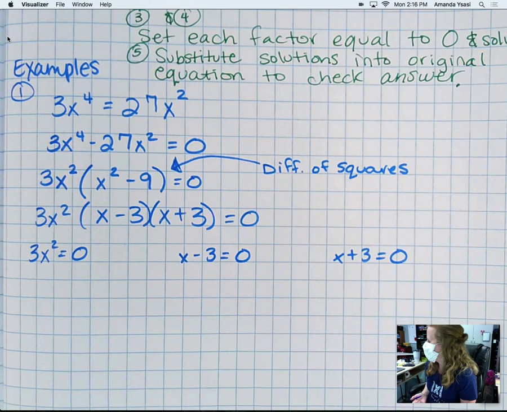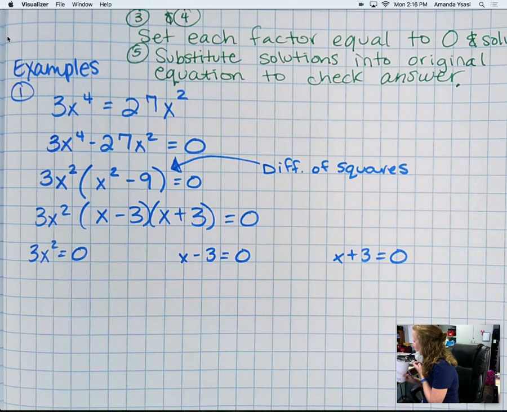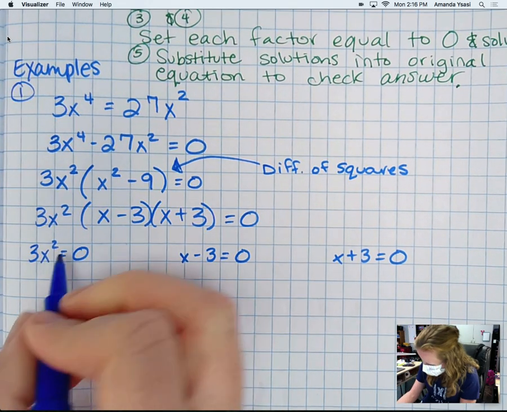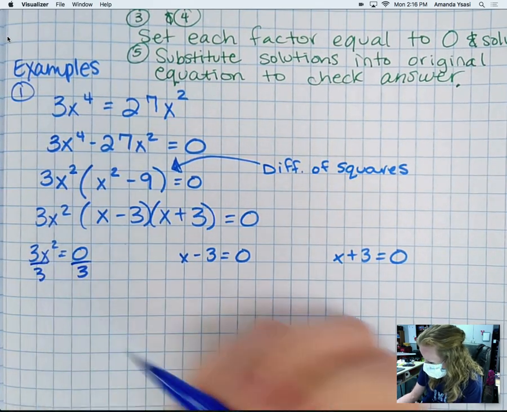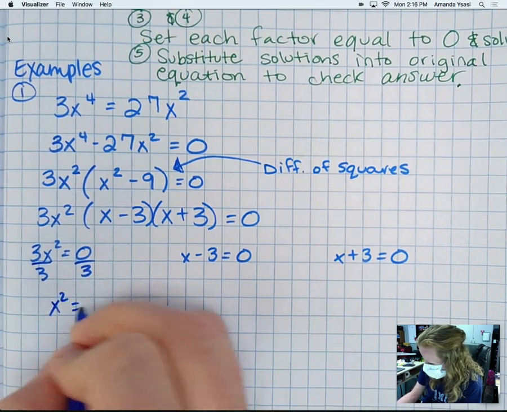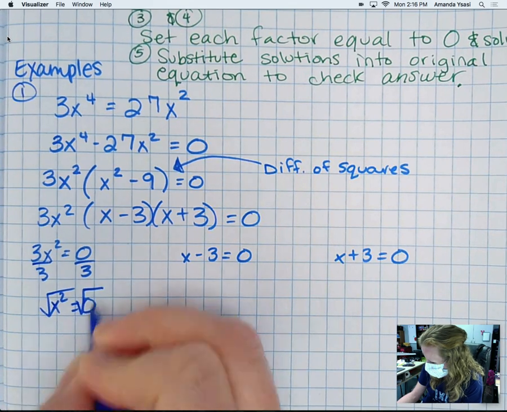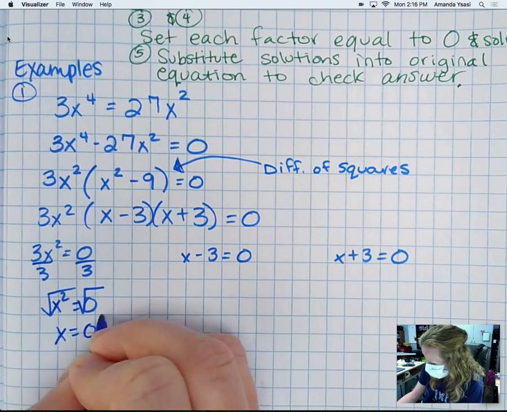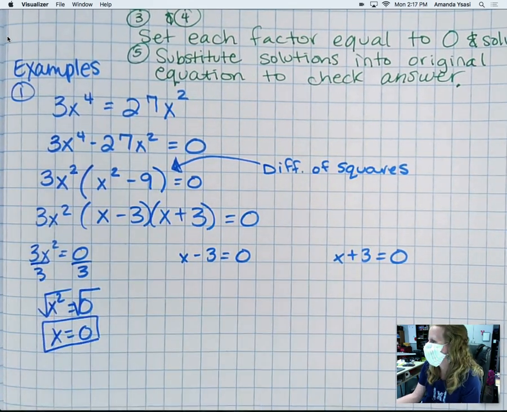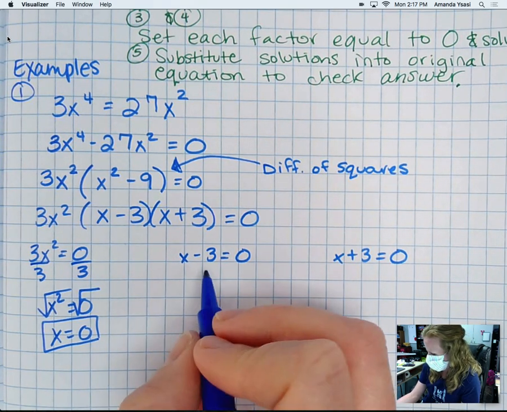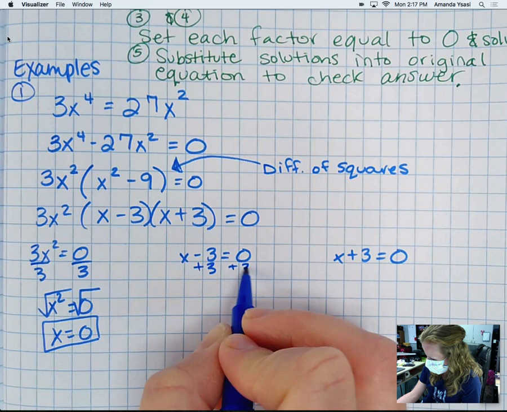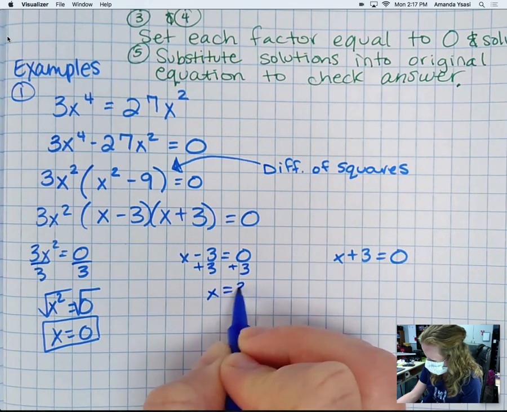And you solve each one. We know this is 0 though. X squared equals 0. Take the square root. X just equals 0 there. This one we would add 3 to both sides, and we just get x equals 3.